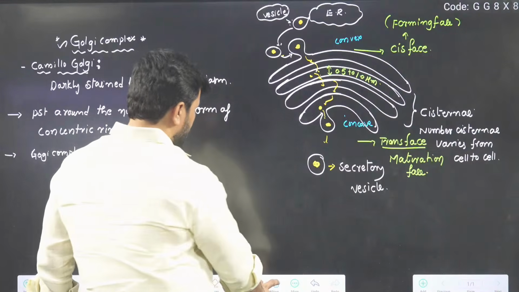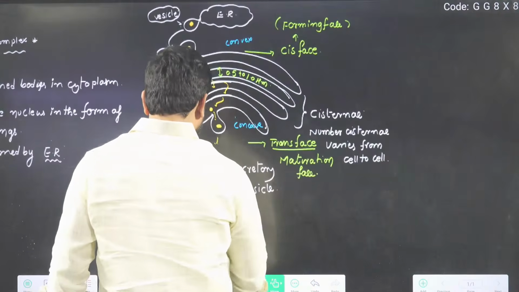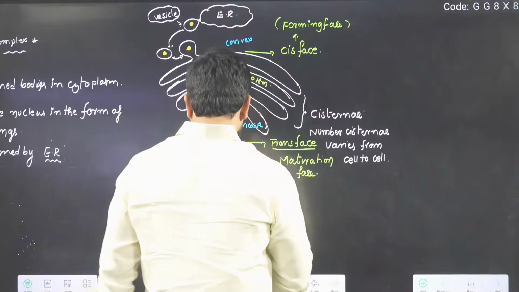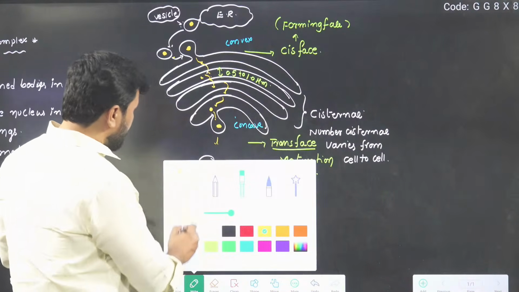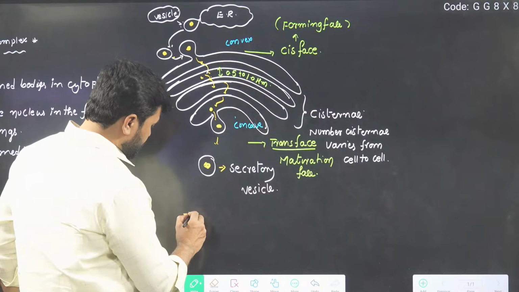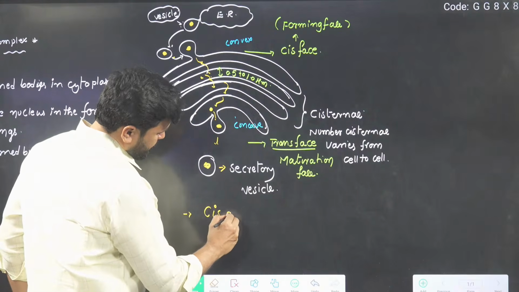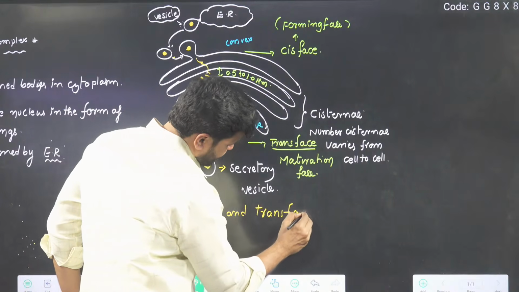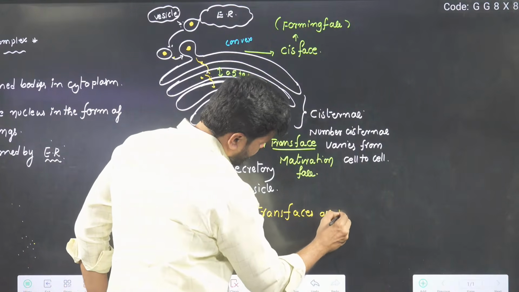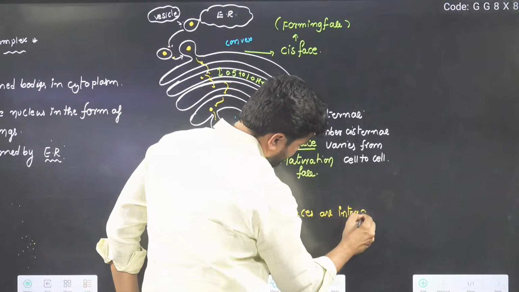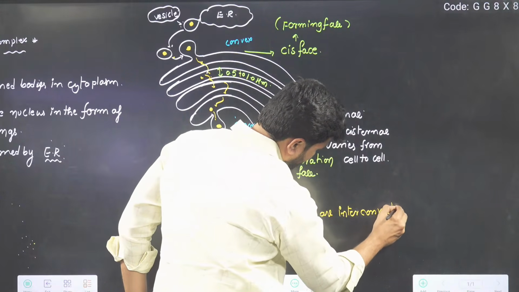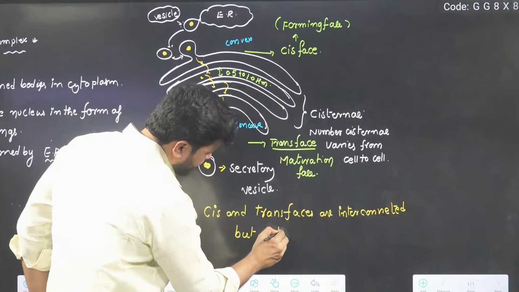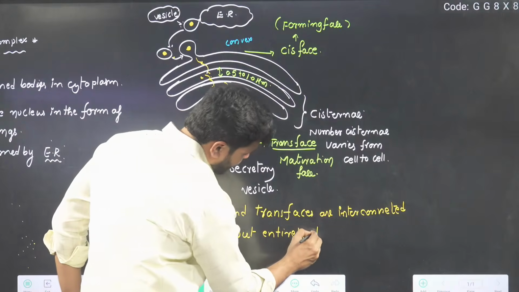Interestingly, cis phase and trans phase are interconnected with cisternae. Cisternae are totally interconnected. Cis and trans phases are interconnected but entirely different.